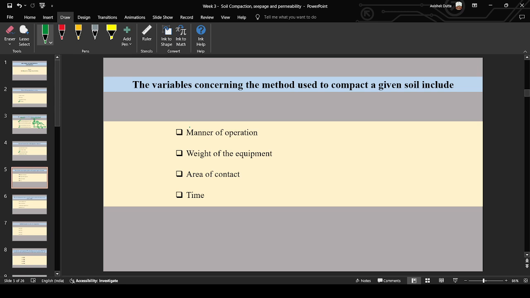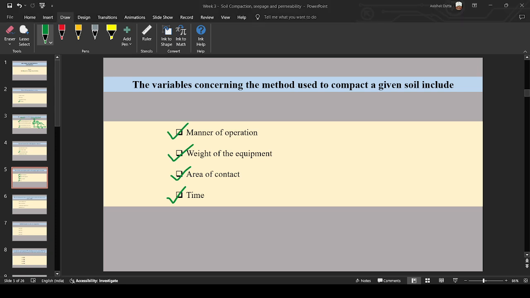Also, area of contact will define the number of blows we have to give, so that is also important. And time of compaction. If we compact the soil for more time, then it will be more compacted. So all these are the variables concerning the method used to compact a given soil. Compaction depends on all these factors.